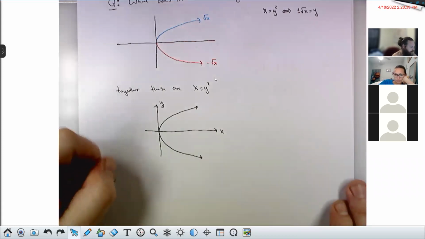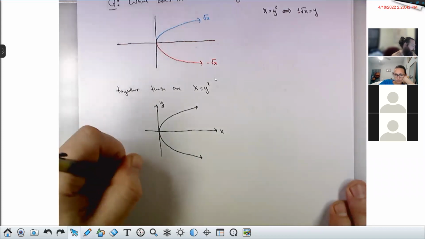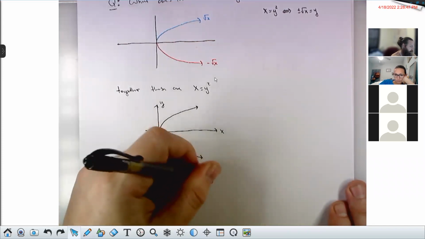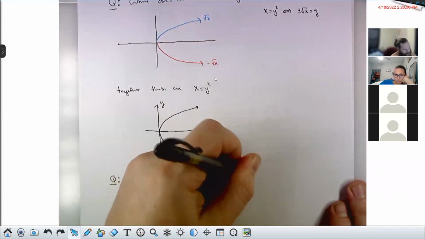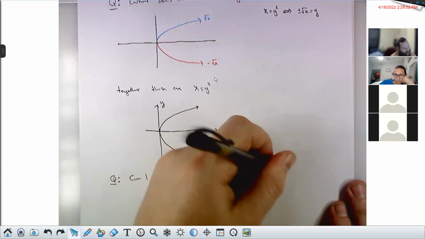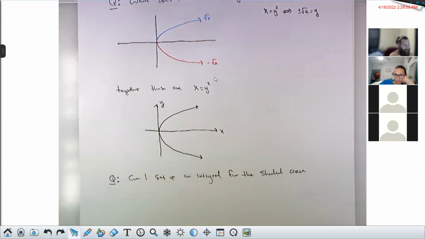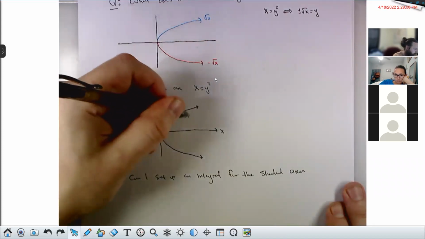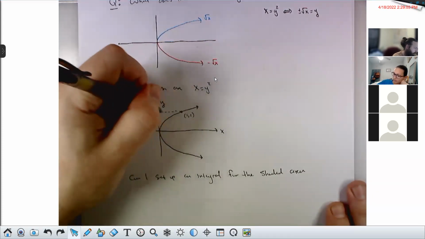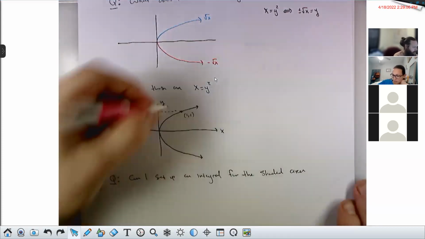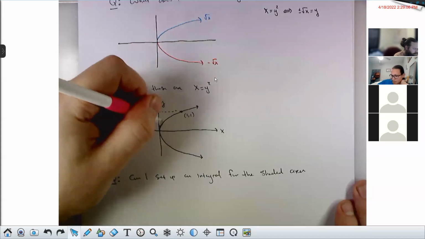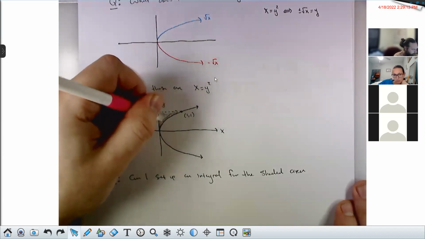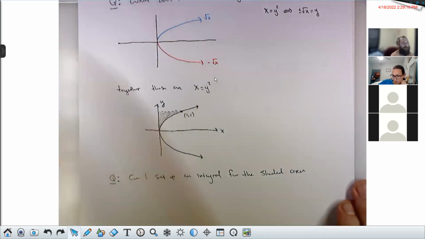So another question, can I set up an integral for the shaded area? Let me call this the point 1, 1. Here.